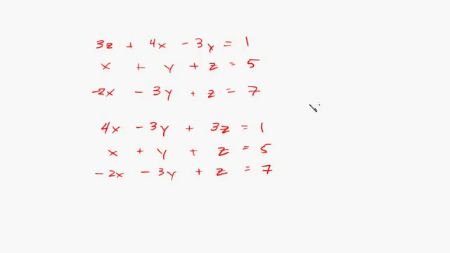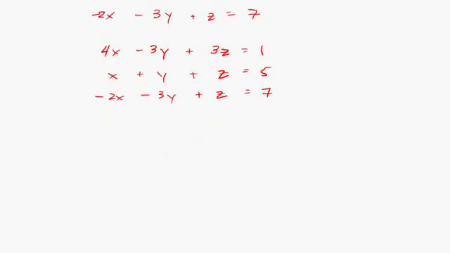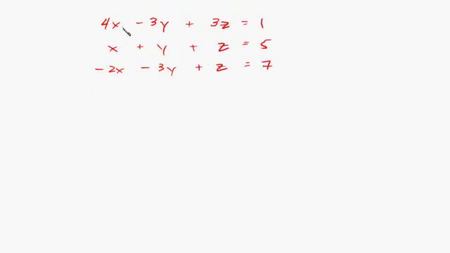And when you're setting up an augmented matrix, as it's called, what you want to do is write the coefficients down with the constant. I'll re-explain how to do all this with the following problem, but I'm going to show you just the basics. So take the 4, the negative 3, and the 3, and the 1 goes here.